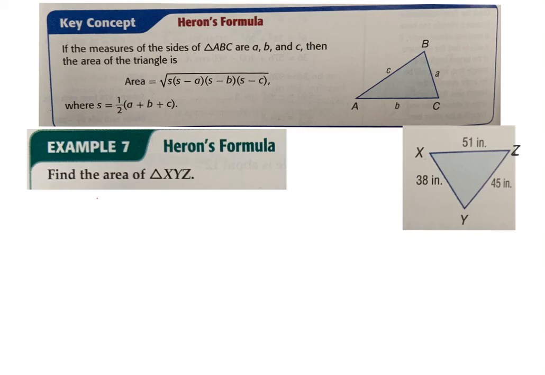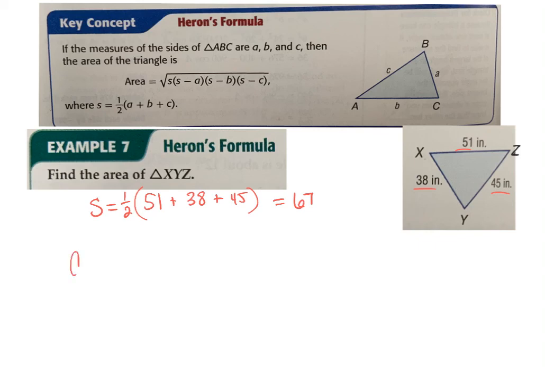The first thing we have to find is that S. All right? So we're going to take our 3 sides, 51 plus 38 plus 45, and we are going to divide it by 2, multiply by 1/2. That will give us 67. So that is our S. And then we literally just plug it in.